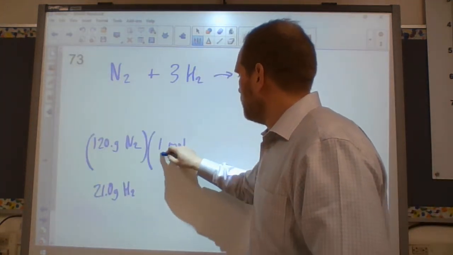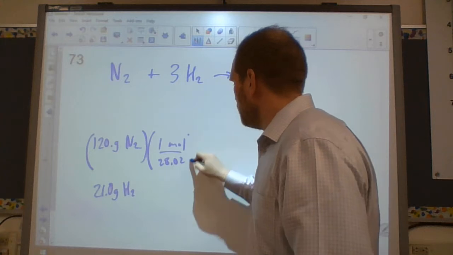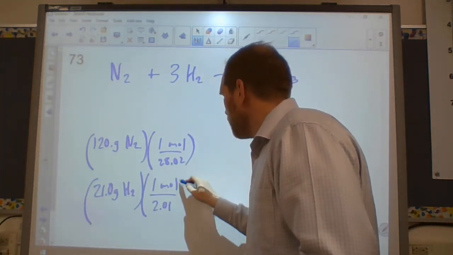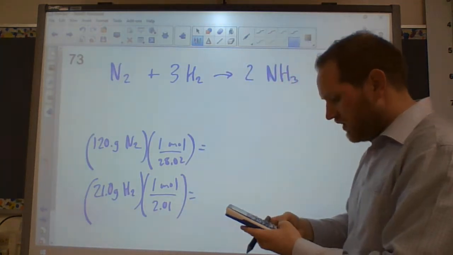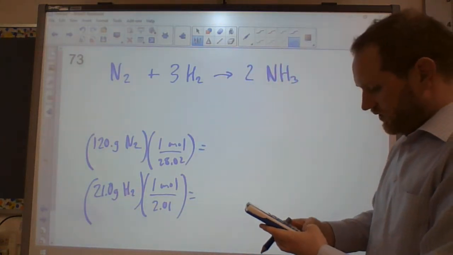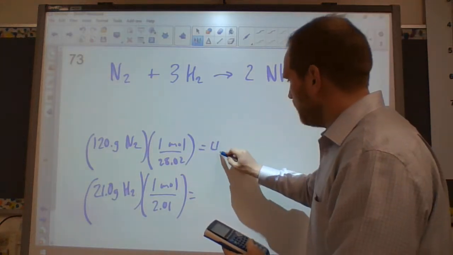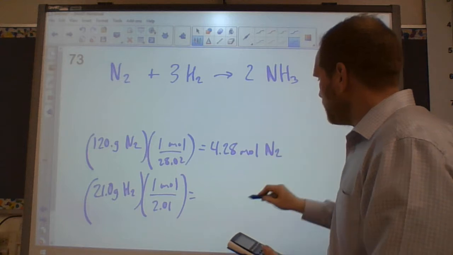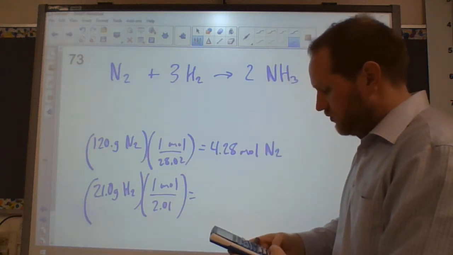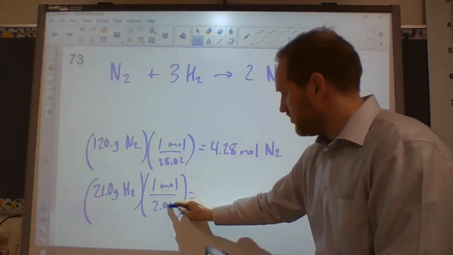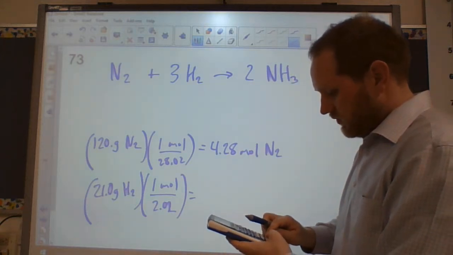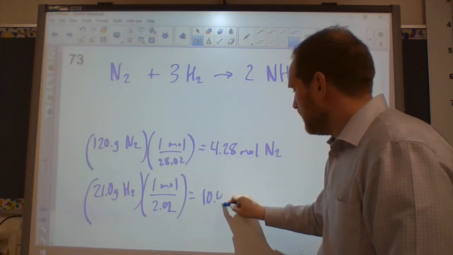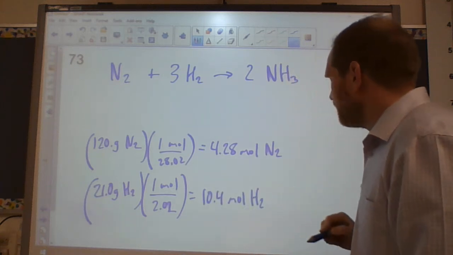So times 1 mole over 28.02. For hydrogen, it's times 1 mole over 2.02. 120 over 28.02 gives me 4.28 moles of N2, and 21 over 2.02 gives me 10.4 moles of H2.